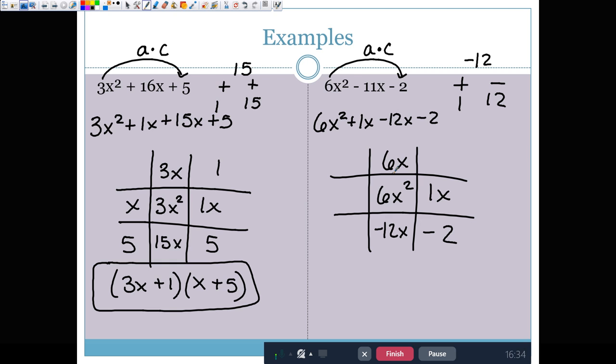How about 1x and negative 2? 1. How about 6x squared and 1x? 1x, or x. Negative 12x and negative 2? Negative 2. Because both of those are negative, I can pull out a negative. So that's where my negative is going to come from. So I'm going to have 6x plus 1, that's both positive, and x minus 2, because of my negative.